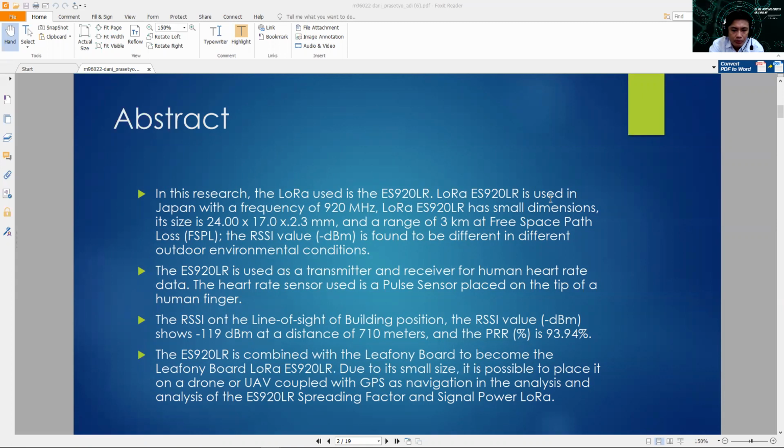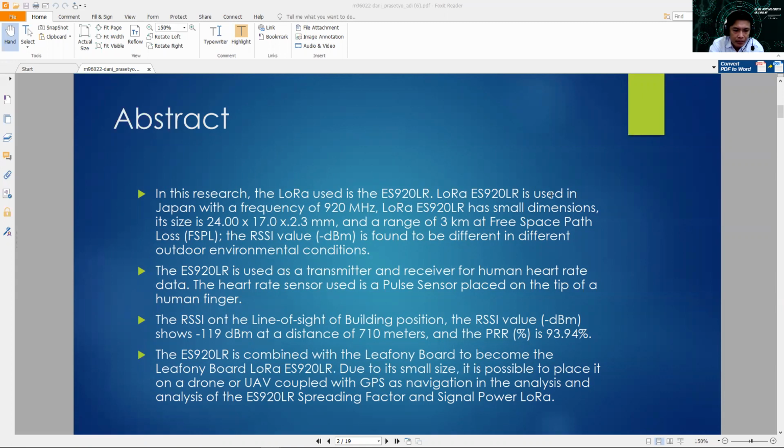LoRa ES920LR is used in Japan with a frequency of 920 MHz. And LoRa ES920LR has small dimensions.